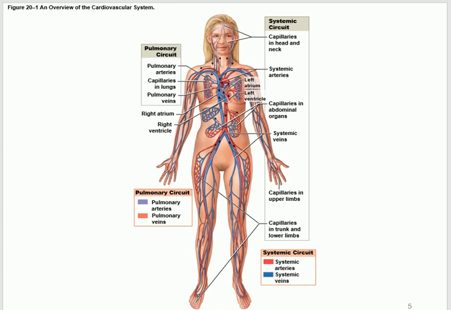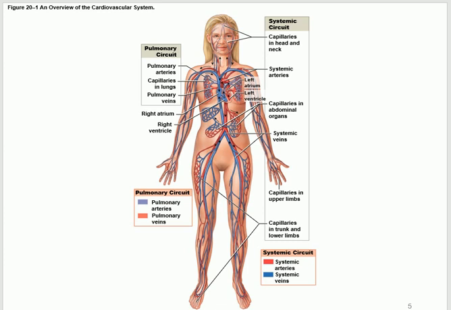It passes through the right AV valve or tricuspid valve to the right ventricle, and then it's going to be pumped into the pulmonary trunk, pulmonary arteries, right and left. So now, starting from the pulmonary semilunar valve, after passing this is the pulmonary circuit.